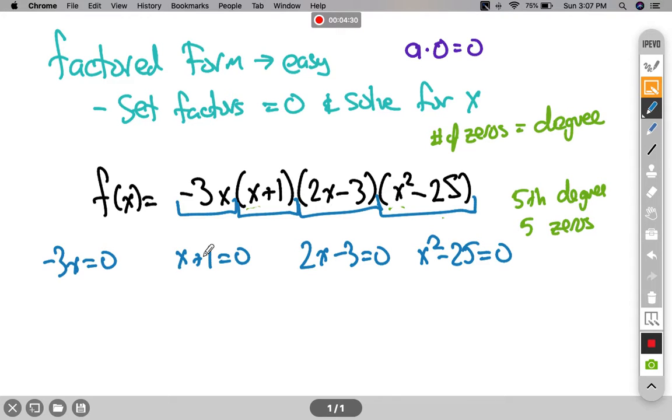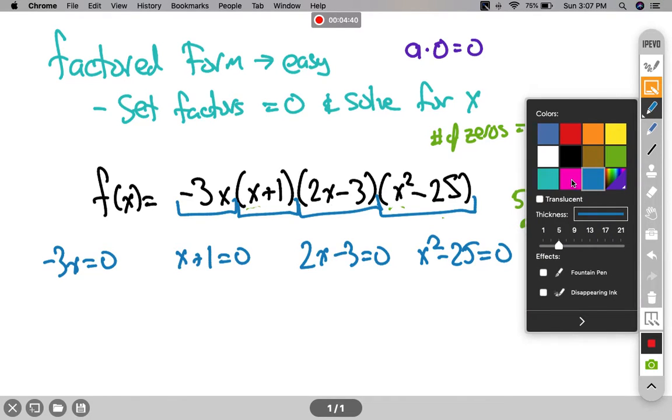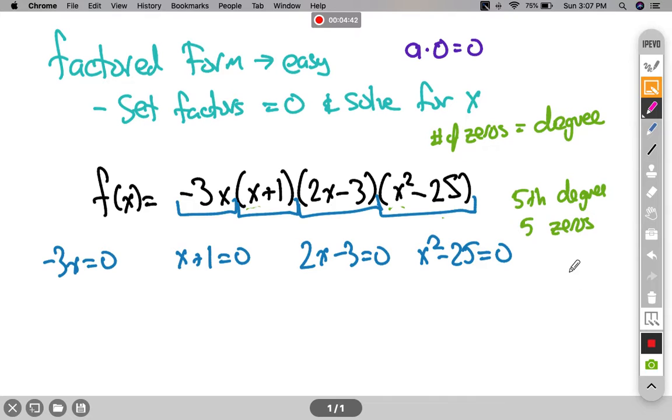If any one of these factors equals 0, the whole thing will be 0. So I just solve all 4 of these, and some are easier than others to solve. For this one, we divide by negative 3: x equals 0.